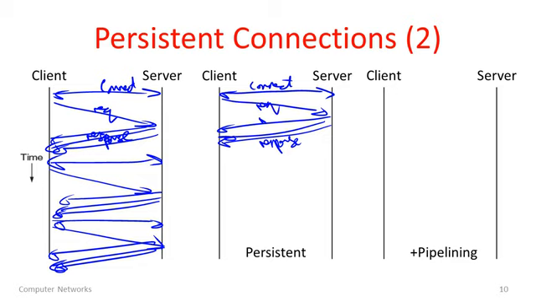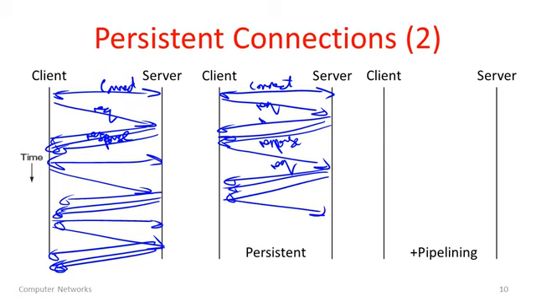However, now we've got back the page and we found there are a couple of embedded inline images. What do we do? With a persistent connection, we don't close this TCP connection and open another one. We send the second request on the same TCP connection and we get back the response. Then we send the third request and we get back the response.